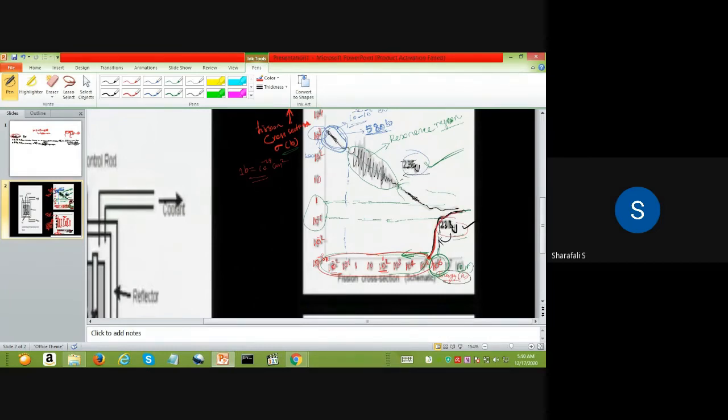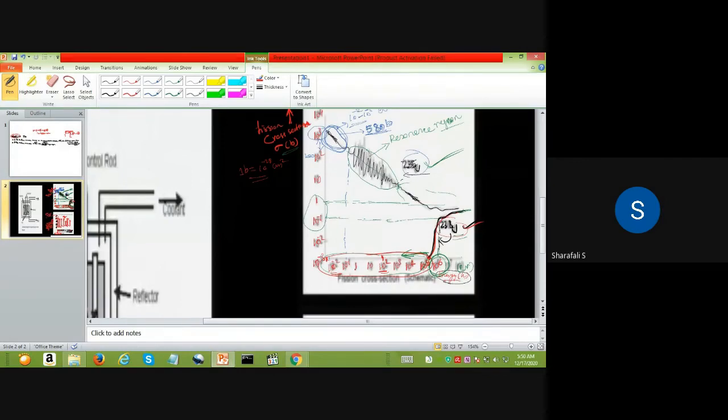It starts only when the energy reaches 10 raised to 5 electron volt. So below this energy, up to around 100 electron volt, we do not have any fission cross section for uranium 238. The fission cross section is zero here.